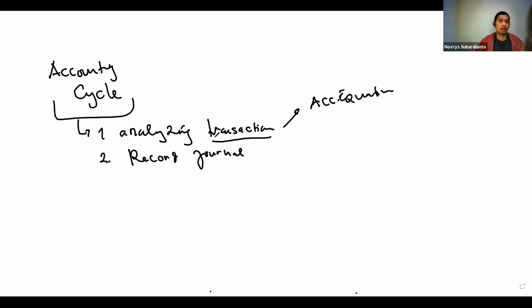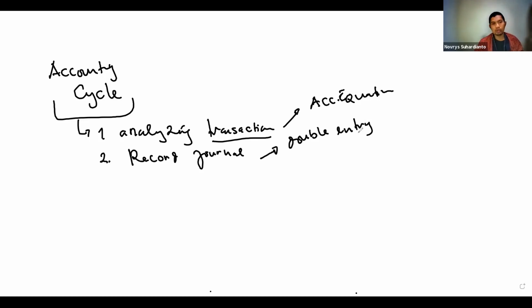And in this part, you learned what we call double entry. In every single journal, there should be at least 2 accounts involved, right? One on debit, one on credit.